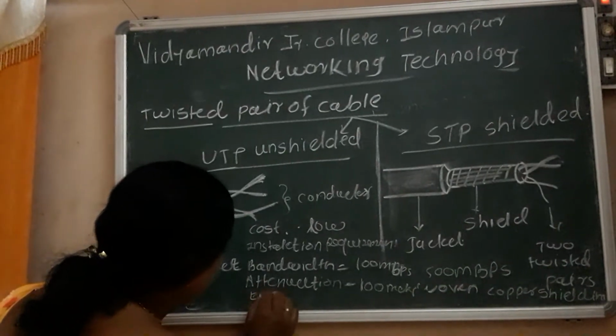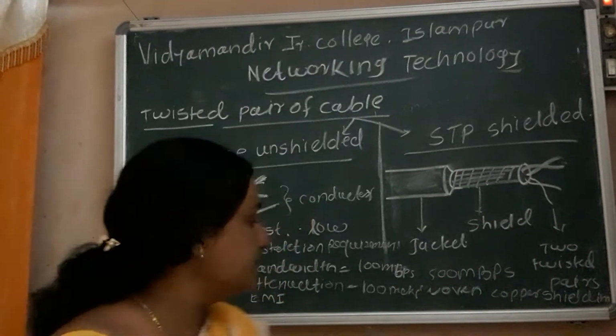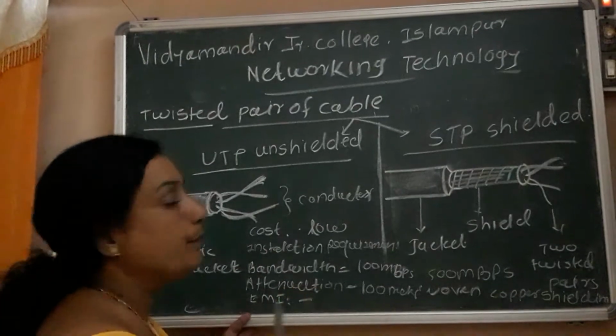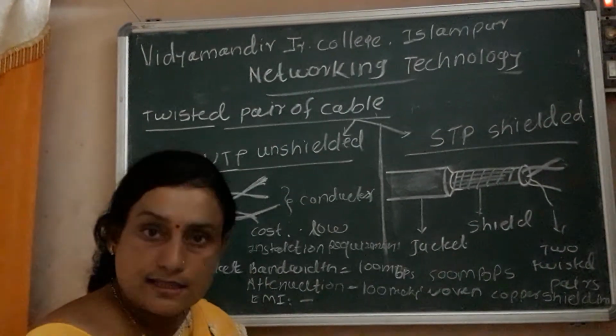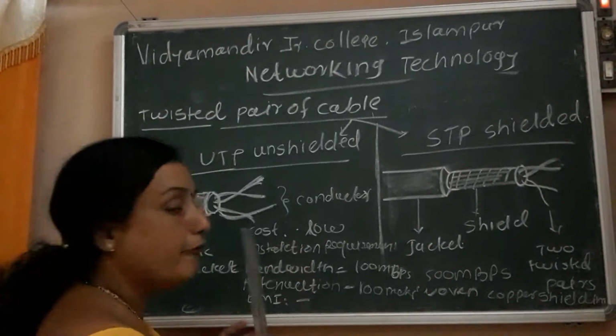Next one is EMI. EMI means electromagnetic interference, and this EMI can occur in UTP cable. That is, this cable has the highest sensitivity to the EMI. Why?